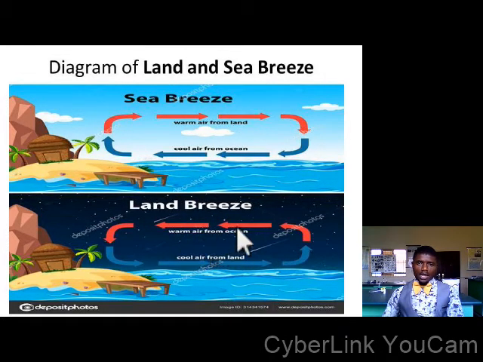Then warm air from the ocean comes back to the land, and cool air from the land goes to the ocean. So if you go to the ocean in the night, you feel very cool, and here feels very warm. So this is convection in nature. We call what you see here convection currents.